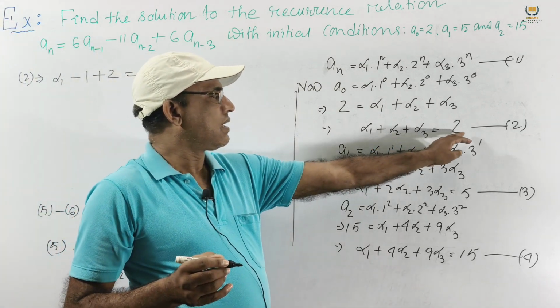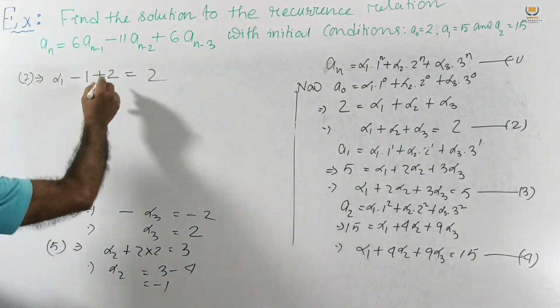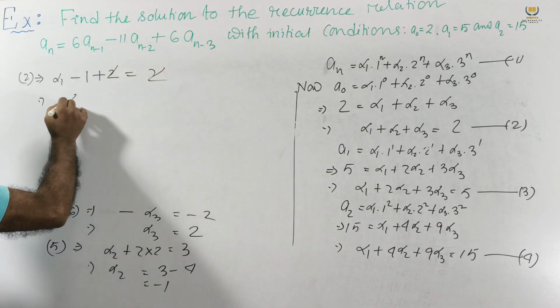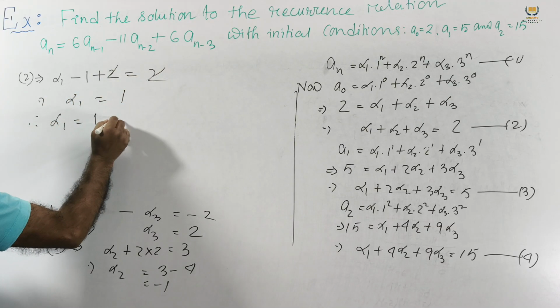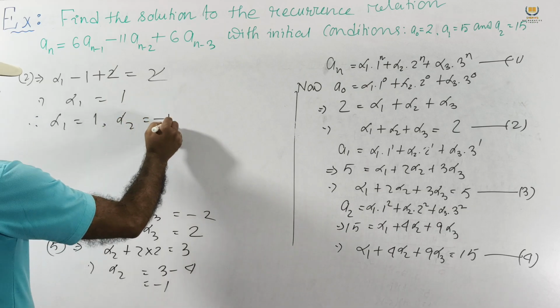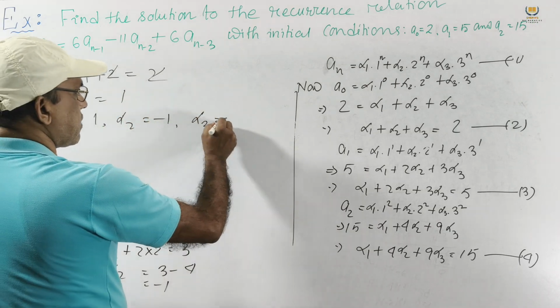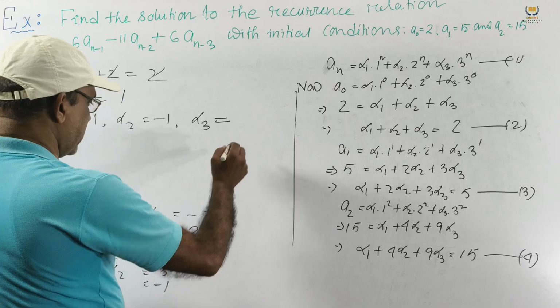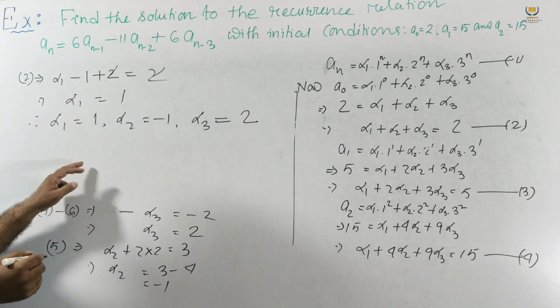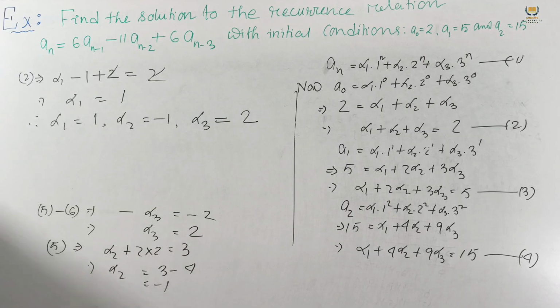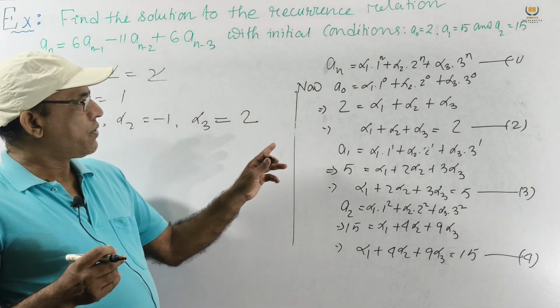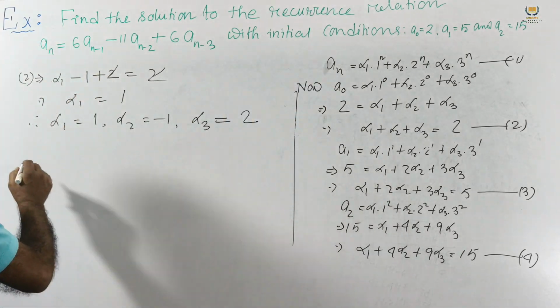Here the terms cancel, and we get alpha 1 equal to 1. Therefore, alpha 1 equal to 1, alpha 2 equal to minus 1, alpha 3 equal to 2. Now we put these values in equation number 1.